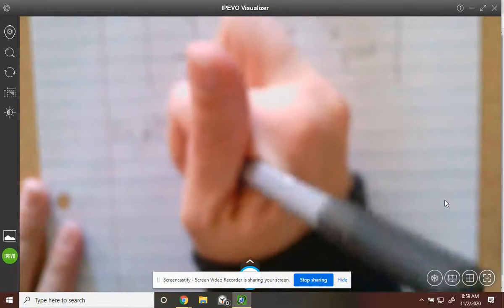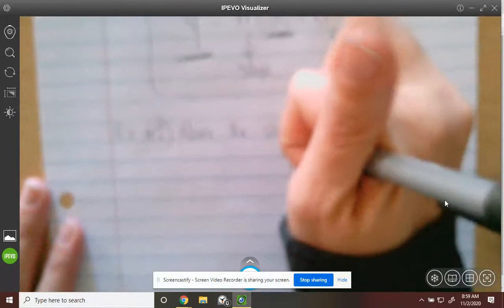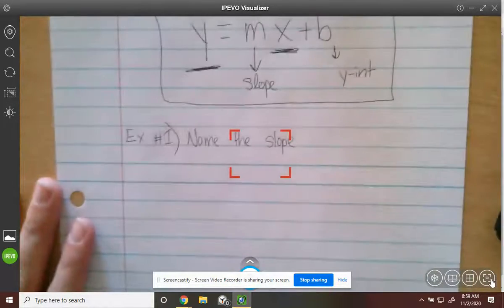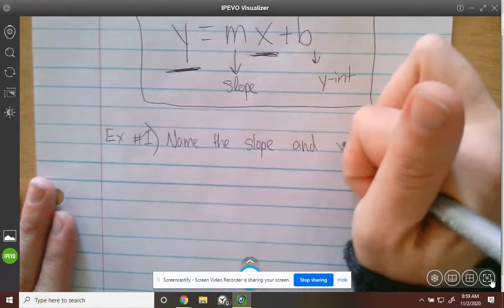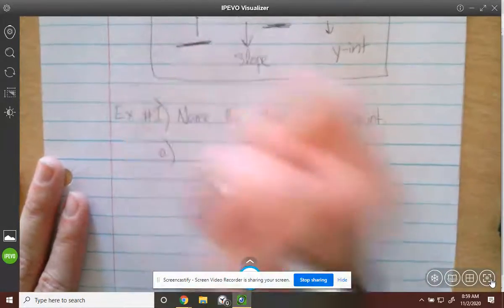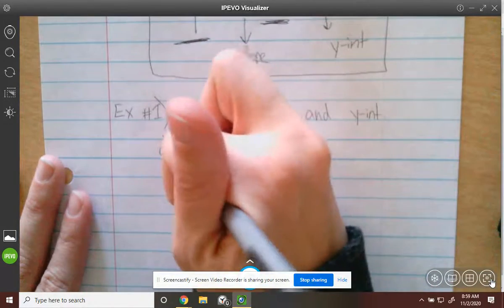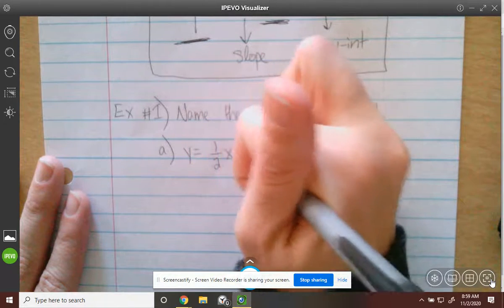Example number 1. Name the slope and y-intercept. So here's our first equation. Y equals 1/2 x plus 2.